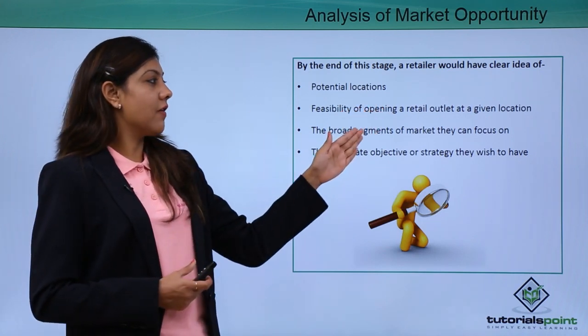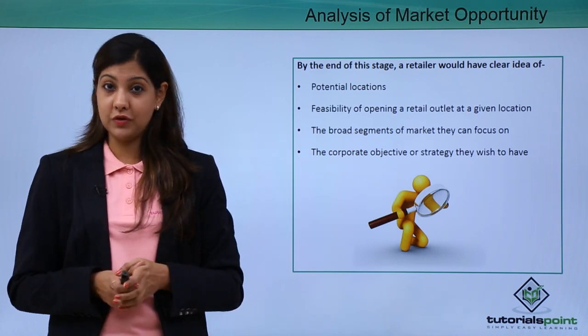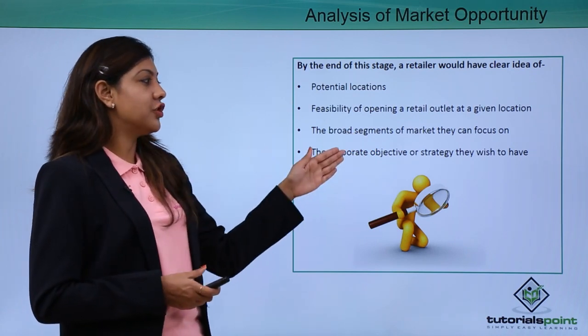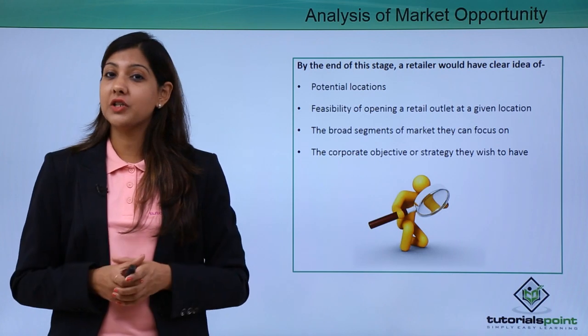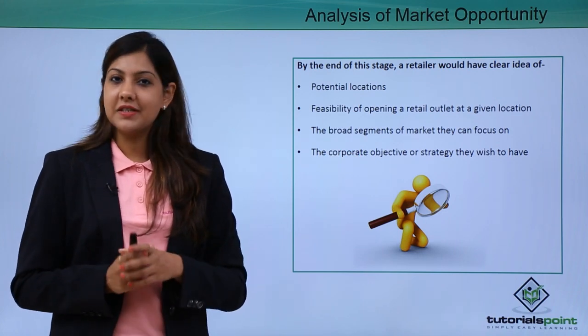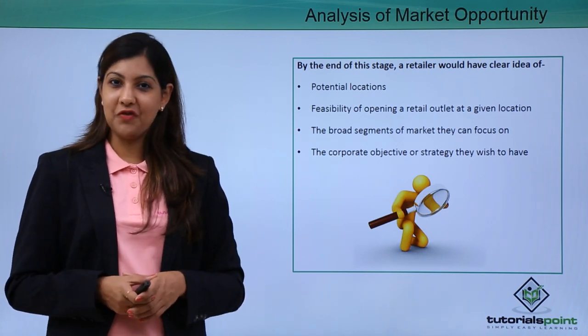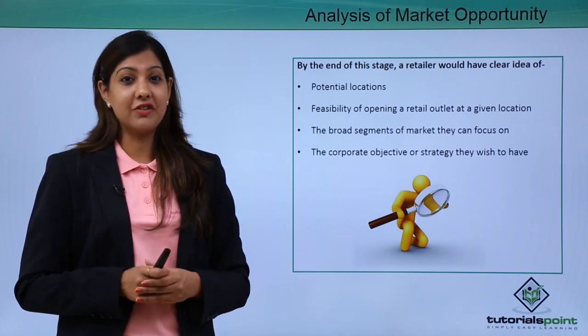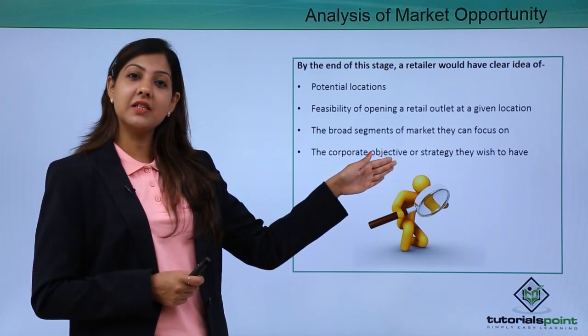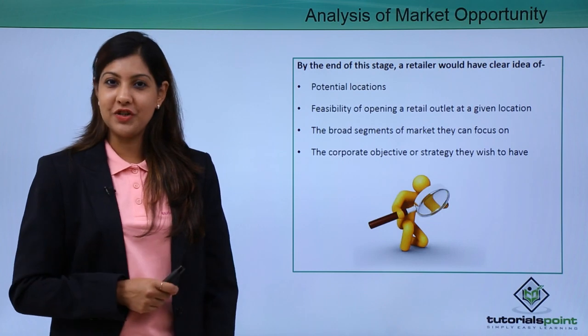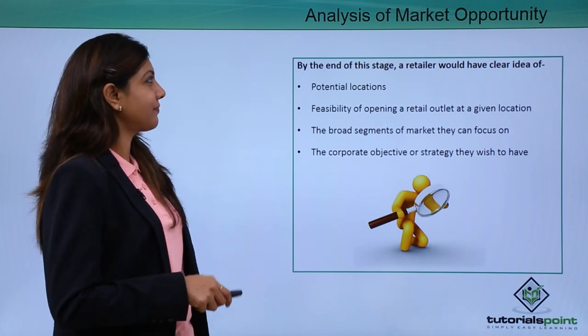The broad segment of the market that they can focus on, as well as the strategy that they wish to have for that particular market. Every market is different, every consumer is different, and hence it is important for the retailer to understand the objective as well as the strategy that they're trying to look at.